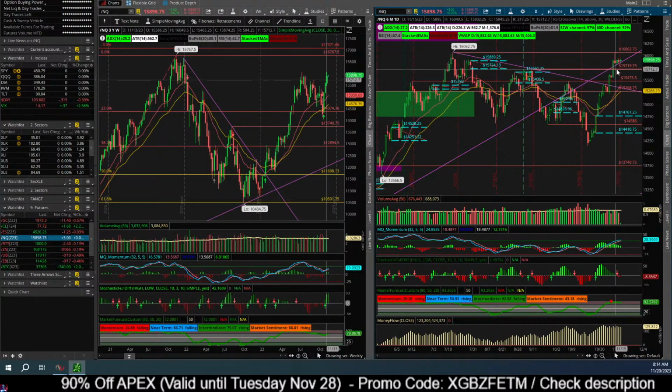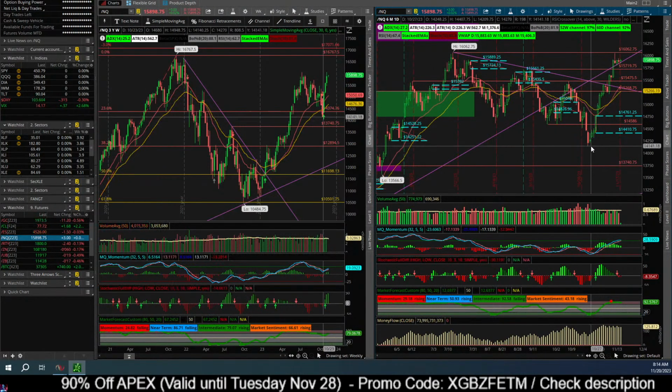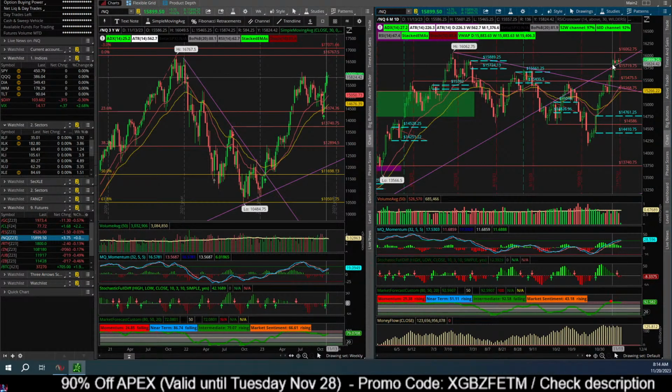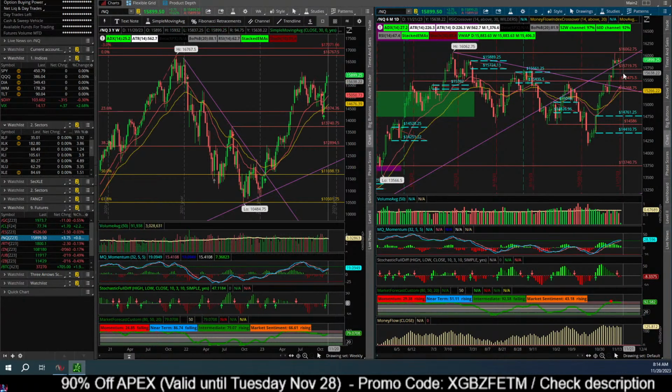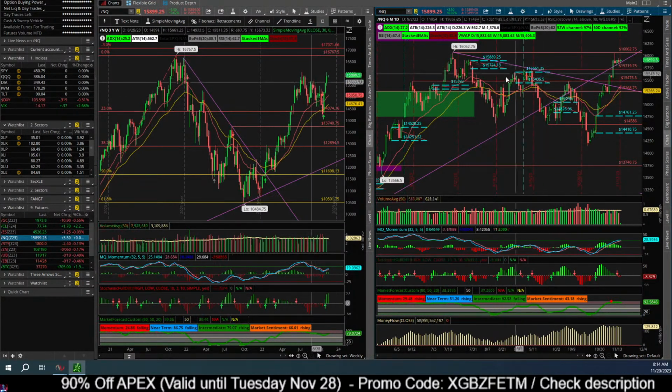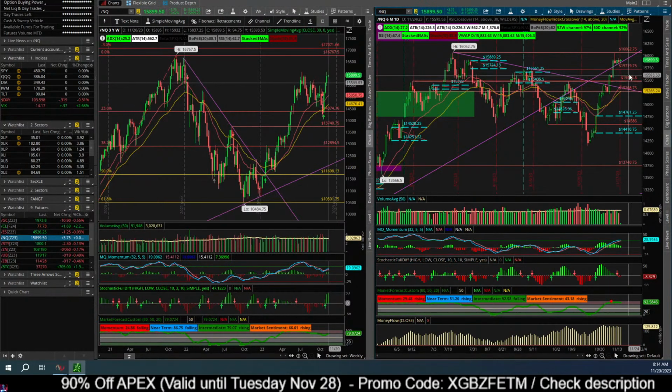And then came back, but it's holding. So we need to respect the bulls here because this big move could come to a reversal, but for that, it would need to break this support area at, I would say, 15,700.